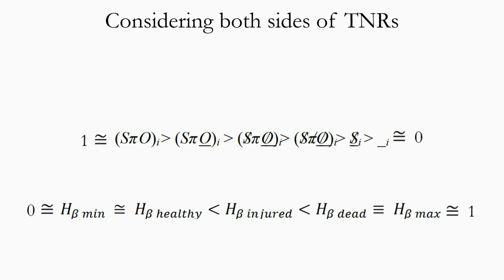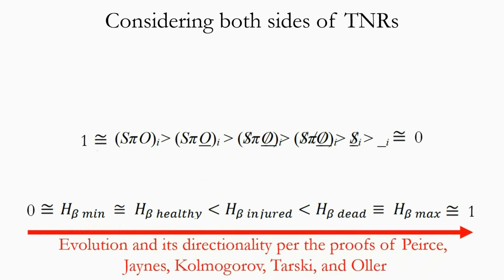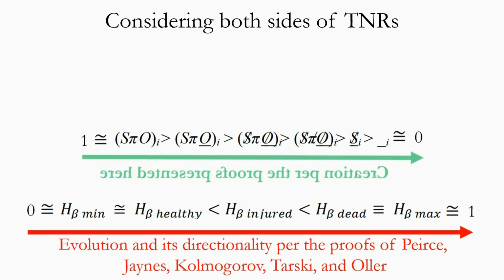We notice that evolution and its directionality, according to the proofs of Peirce, Jaynes, Kolmogorov, Tarski, and yours truly, all of them go in this direction. Entropy tends to increase. On the positive side, what we're seeing is evidence of creation.